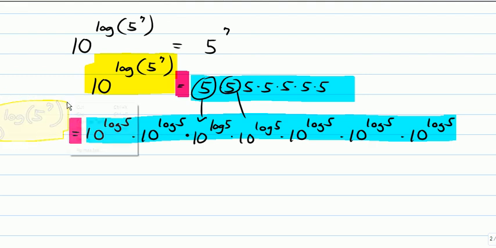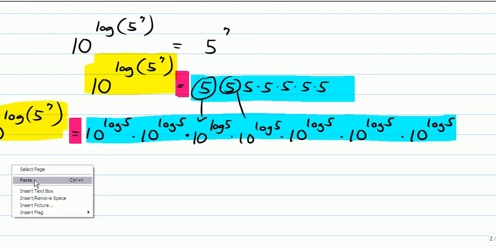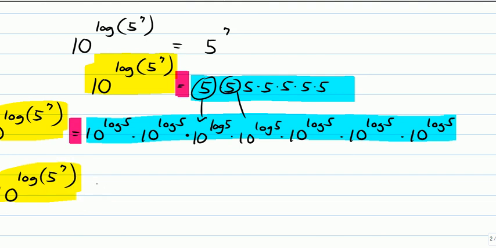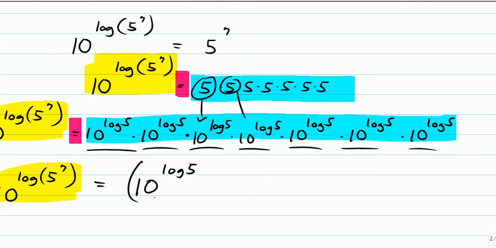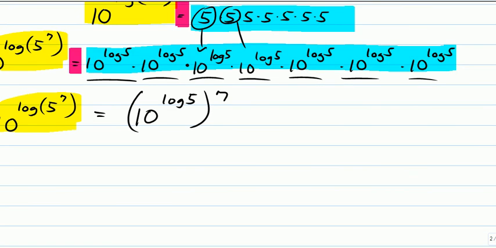Okay, cool. So we'll move down the left-hand side of the equals. Nothing fancy is going to happen there, so let me just drop that down. Now that equals, well, how many of these 10 to the log 5s do I have? I should have 7 of them. So 10 to the log 5, to the 7th. Now, how do you combine those two exponents? Well, they would be multiplied.